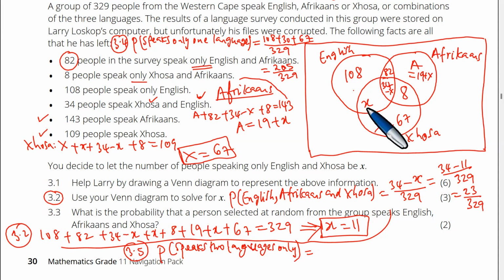The person can either speak only English and Xhosa, which means X, or only Afrikaans and Xhosa, which means 8, or English and Afrikaans, not Xhosa, which would be 82.